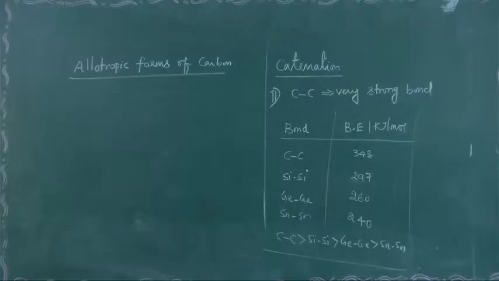Next, which is the thermodynamically most stable allotropic form: graphite, diamond or fullerene? The answer is graphite. Where have we studied this? In metallurgy. In the standard enthalpy of formation, which carbon state do we take as standard state?